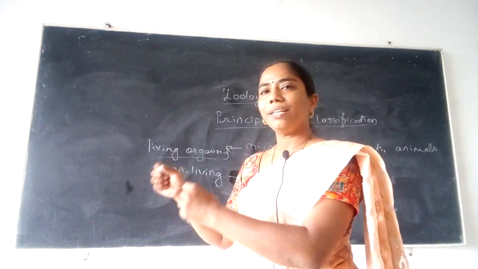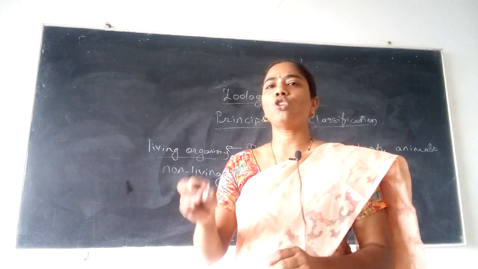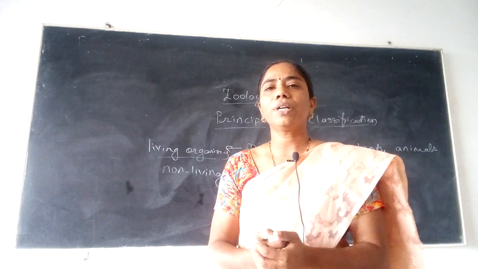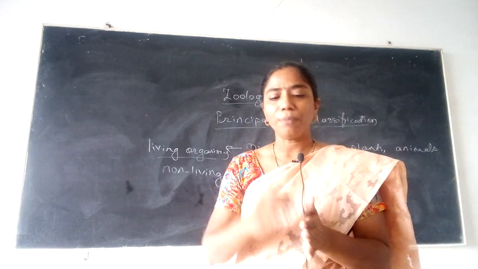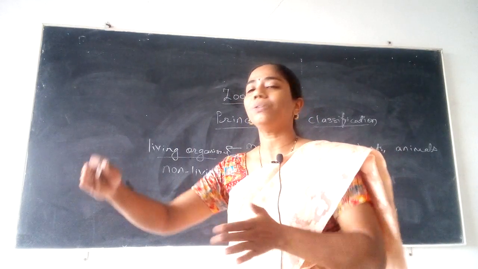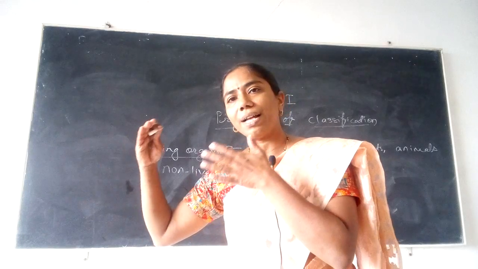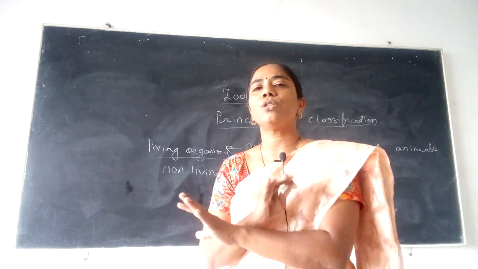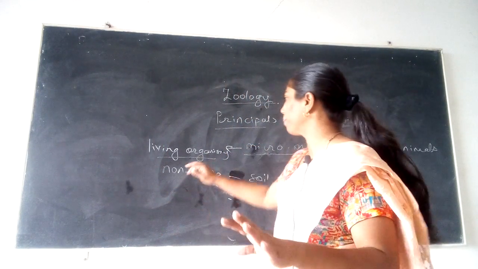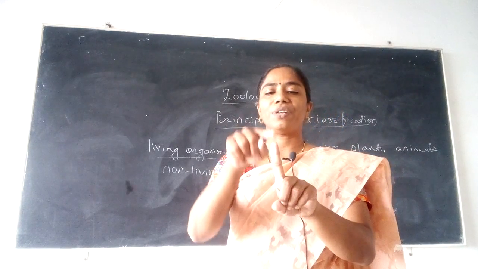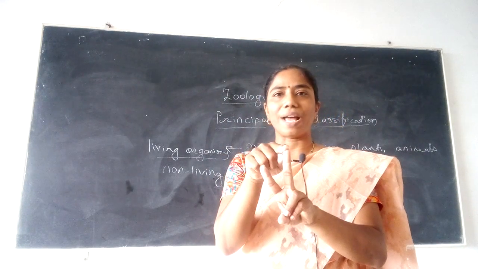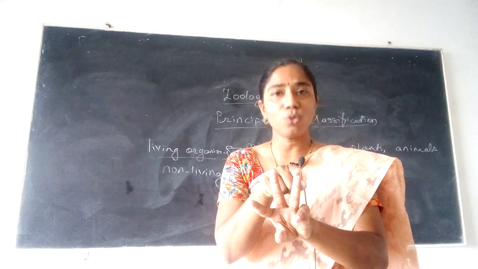If you observe something like chalk or a chair today, it is the same chair. If you observe it tomorrow, that chair remains the same chair. There is no change. So we call it non-living. Why? Because there is an absence of respiration, an absence of digestion, and an absence of growth.